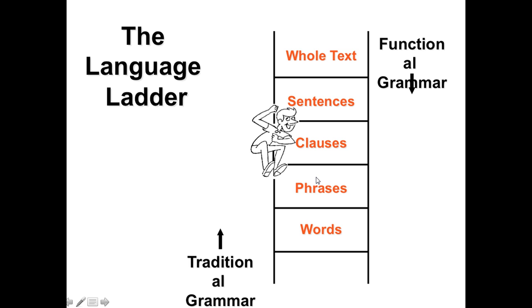And you see that the top level, or layer more correctly, is the text. Then you have sentences and clauses. As I said, it's not quite the same thing. In functional grammar, we prefer the word clause, whereas traditional grammar would likely favor sentences.